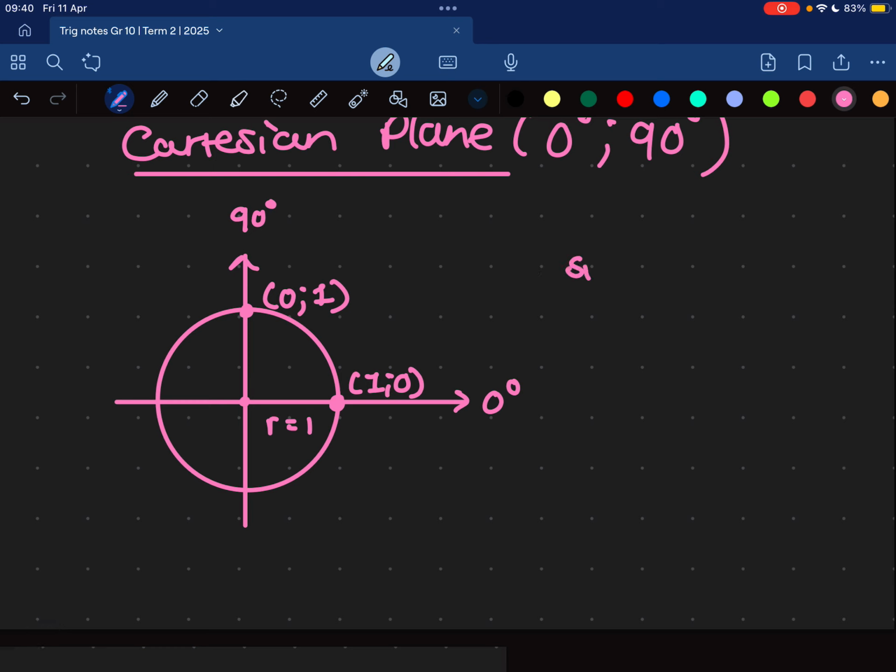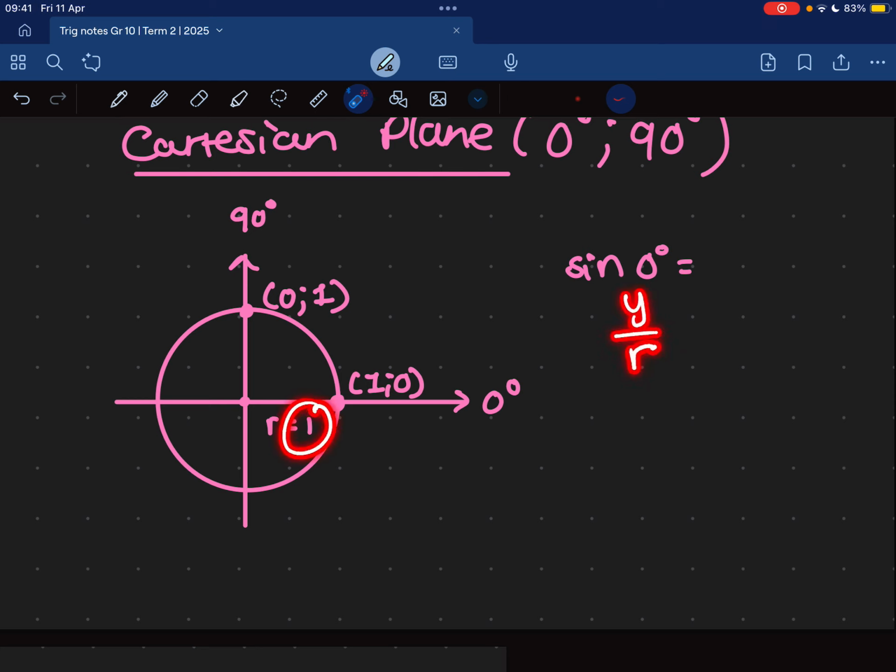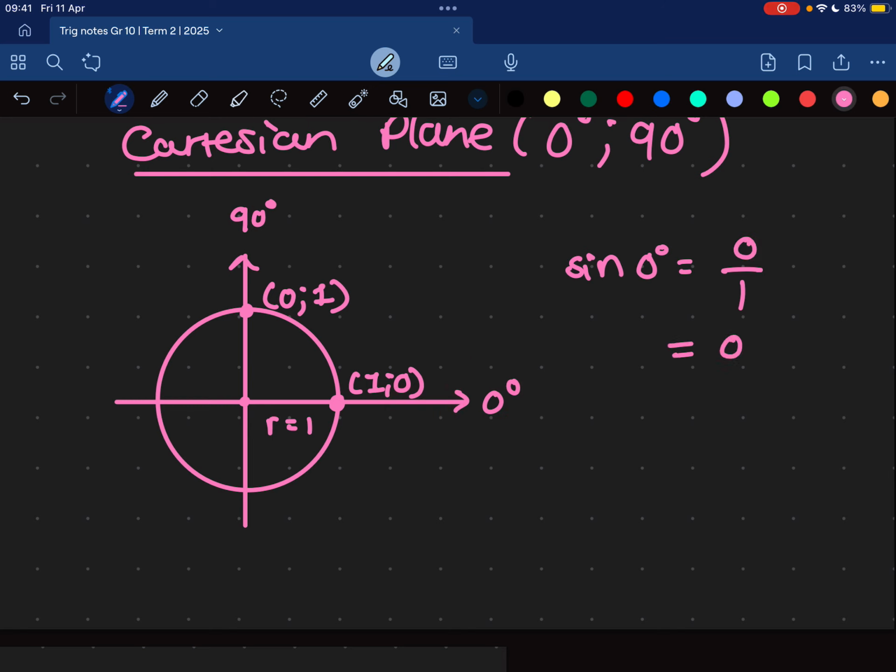So if we wanted to know what sine of 0 degrees is, we would say, well, we know that sine is y over r. Because we know that r is already 1, that's pretty straightforward. Then y we find at 0, which in this case is 0. So 0 over 1 is just 0.